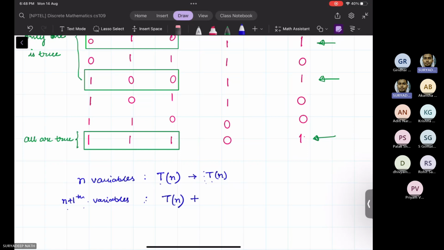If you have n variables, you will have a total of 2 to the power n combinations. So for the tn cases where the nth variable is true, when the n plus 1th variable is false, then the XOR will be true.